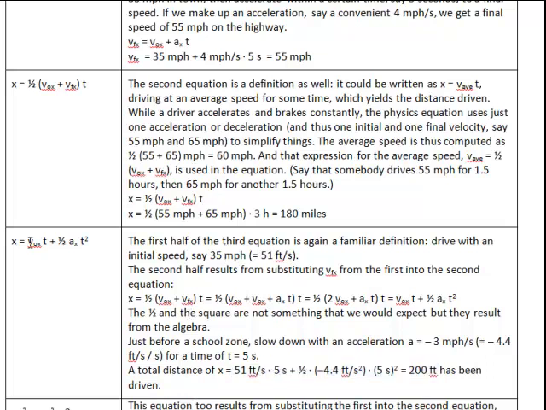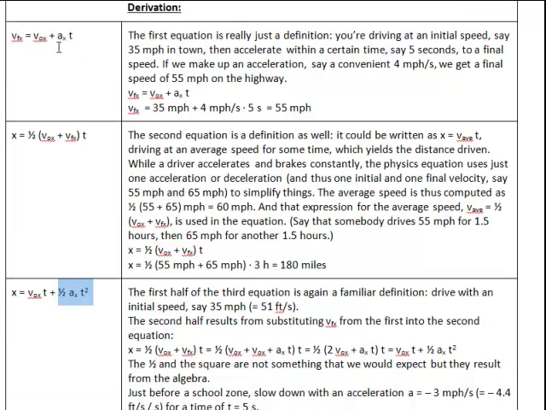So again, this particular equation here is just normal, that distance equals speed times time, and this one here is new, and it comes from the algebra by using this equation here and this equation.